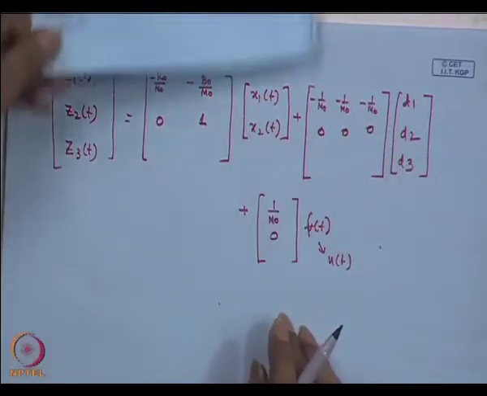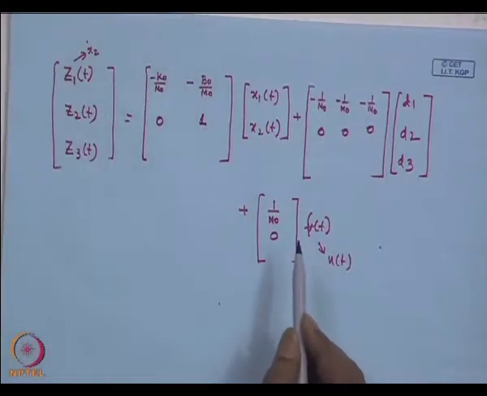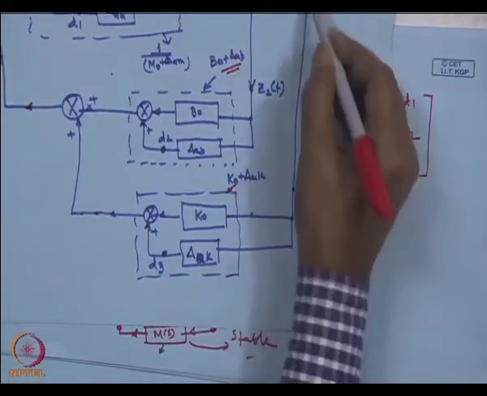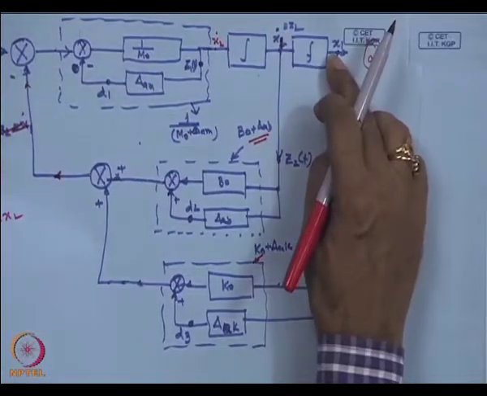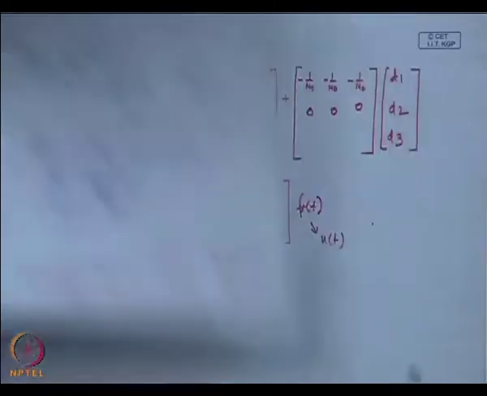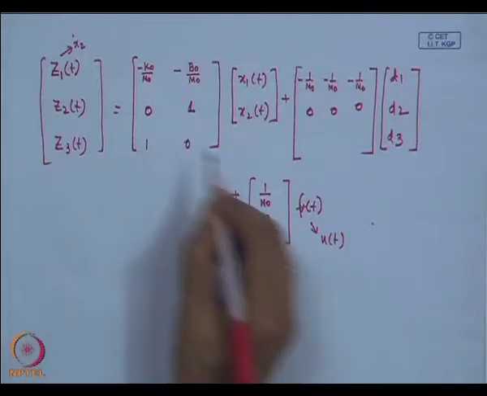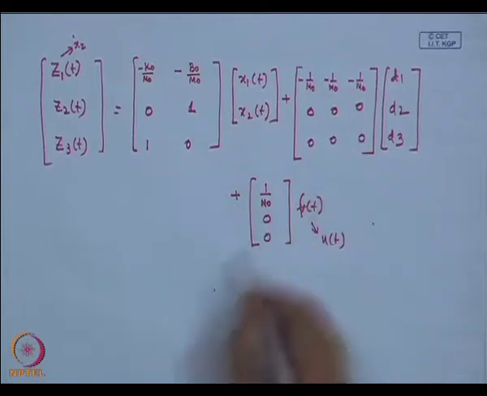What is Z 3? Sorry, Z 3 is x 1. Z 3 is nothing but x 1. So, Z 3 is x 1 means 1, 0, 0, 0, 0, 0.